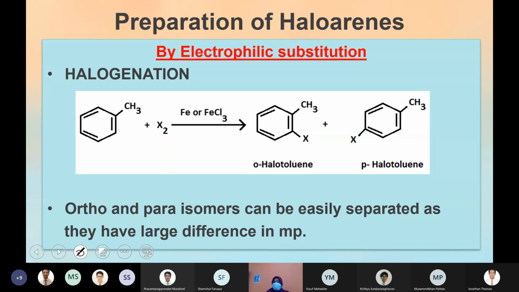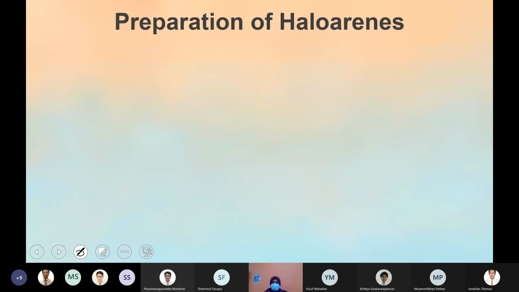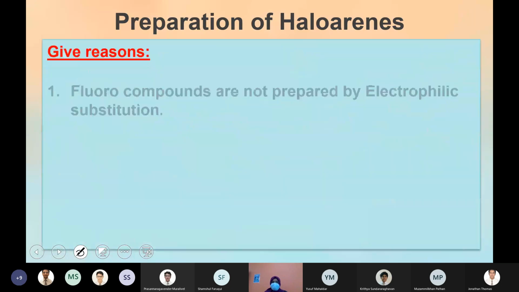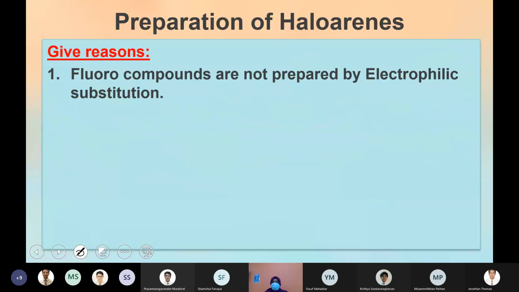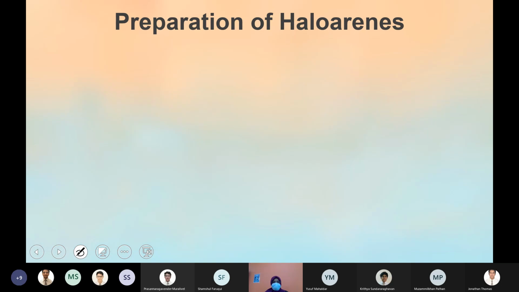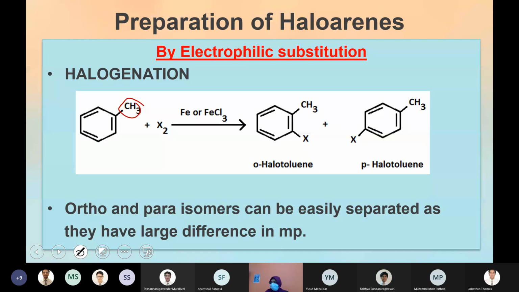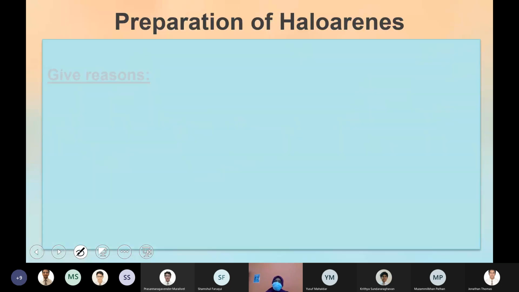Done? Clear? It's an easy method, but you should know what is the type of substituent already present in the benzene ring. Okay, again a hot question related to what we discussed. This previous method which we discussed using halogenation in presence of Fe or FeCl3 catalyst, using this kind of reaction, you cannot prepare a fluoro compound.